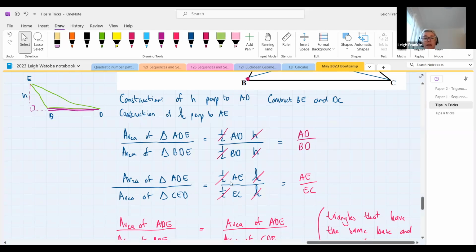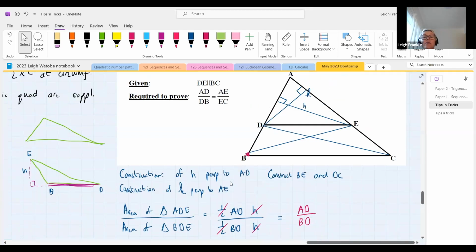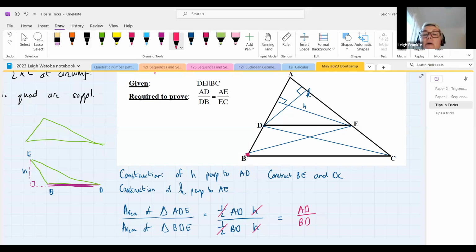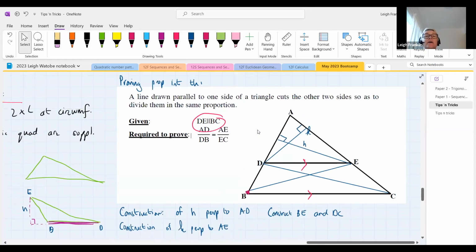The areas are the same, so that's why AD over BD equals AE over EC. And remember you are given that these lines are parallel. It doesn't say it on the diagram, but it does say over here that those lines are parallel. And that is the proof of the proportionality intercept theorem.